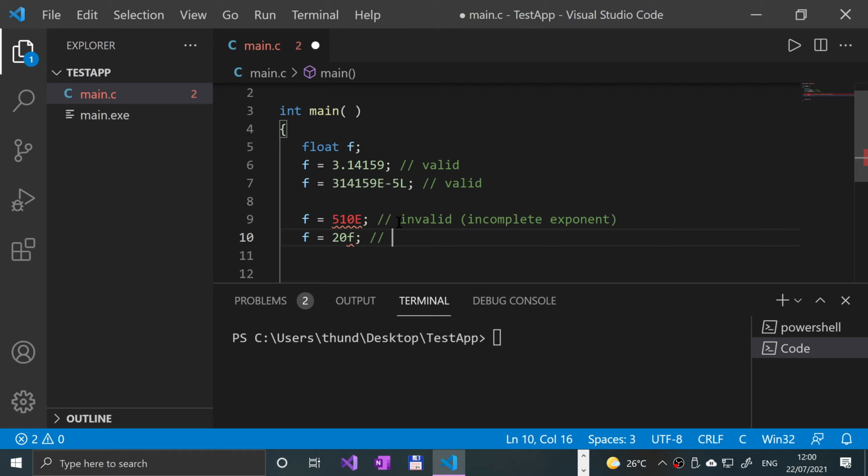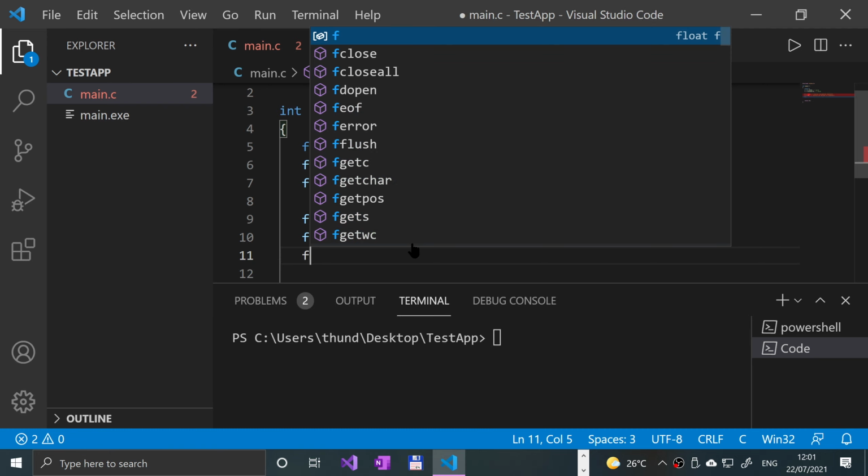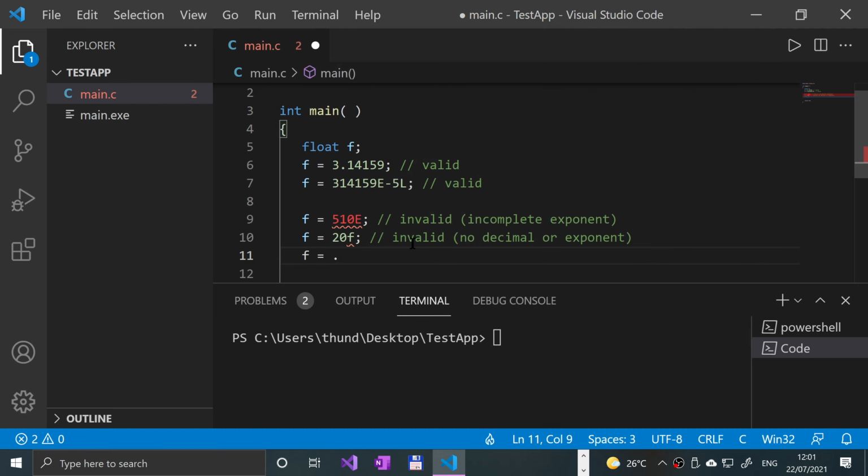If I was to say invalid, no decimal or exponent, the final one I'm going to cover is f equals 0.e66, for example, semicolon.